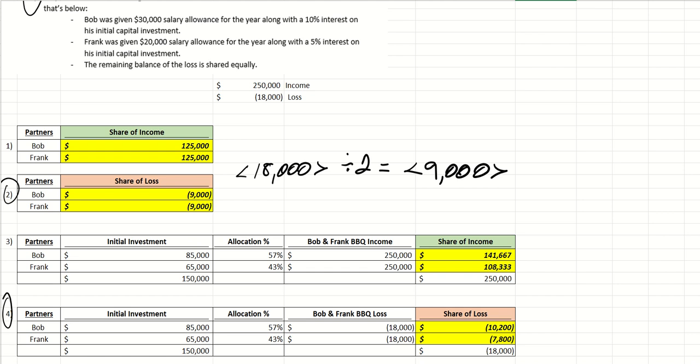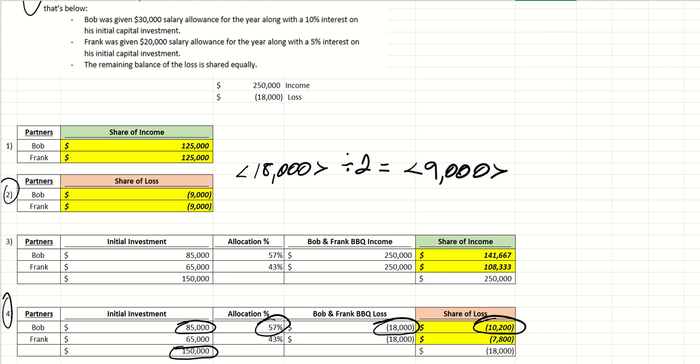To figure out what percentage needs to be allocated to Bob, you take $85,000 and divide it by $150,000, the total amount of the investments. That gives you 57%, which means that 57% of the loss of 18,000 is distributed to Bob, which is $10,200.